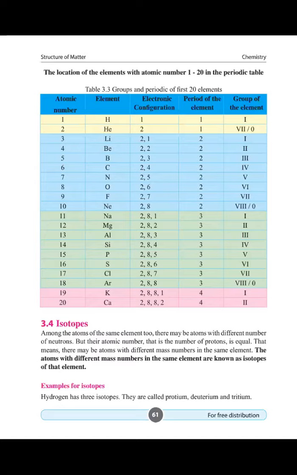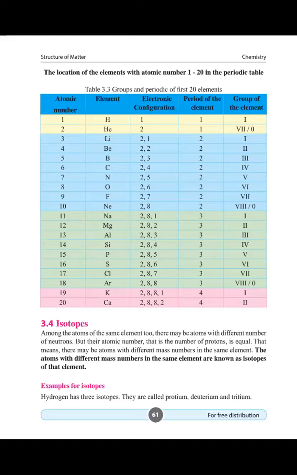If the atomic number is different, there are two different atoms. But there can be atoms of the same element with the same atomic number, but the mass number is different. Due to that difference, the number of neutrons is different.